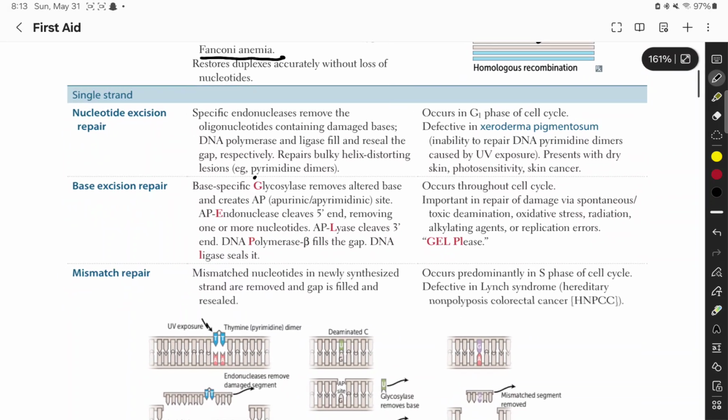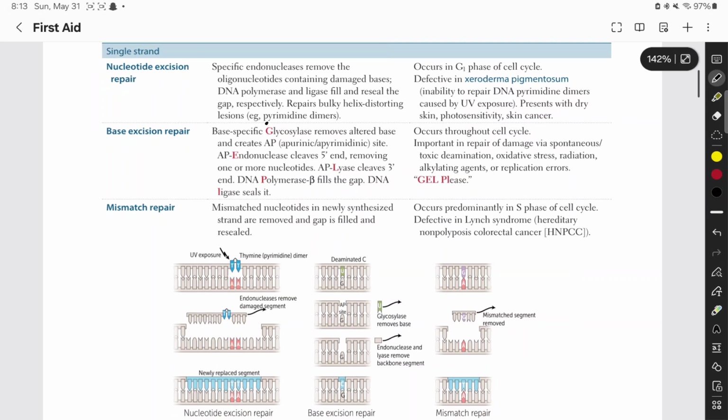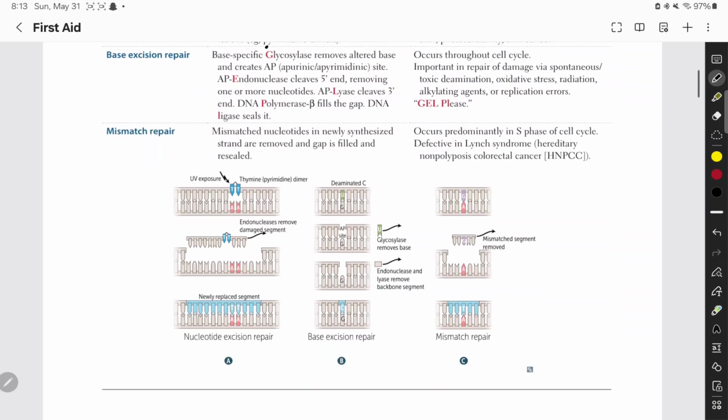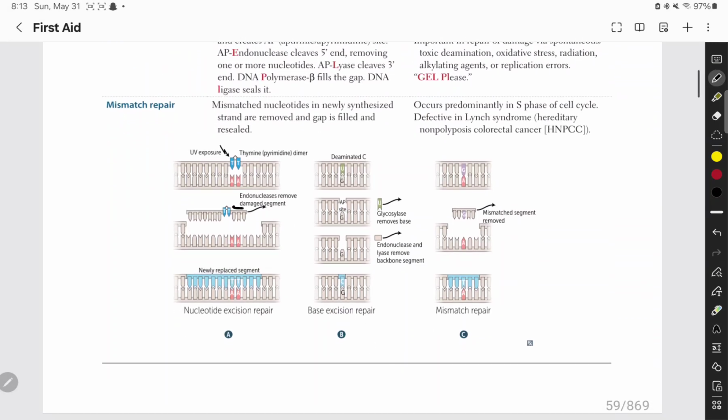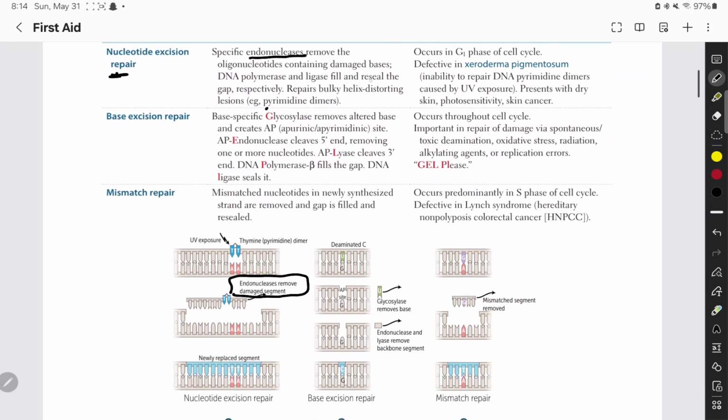Next up, we have three mechanisms that cover single strand repair. The first is nucleotide excision repair. As the name suggests, it excises the nucleotide by use of specific endonucleases. The endonucleases remove the damaged segment, and DNA polymerase and ligase fill and reseal the gap respectively.